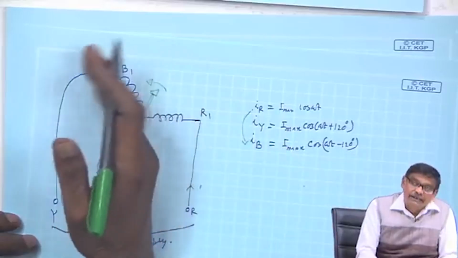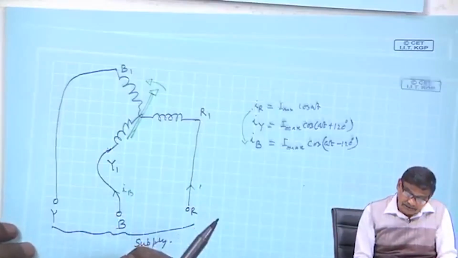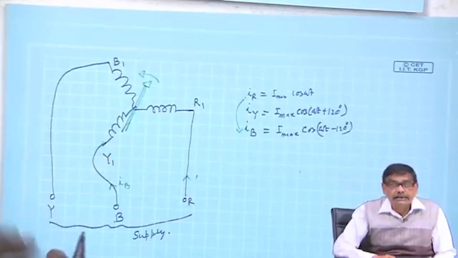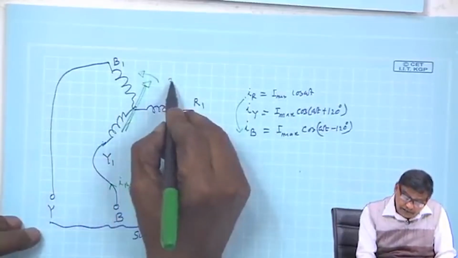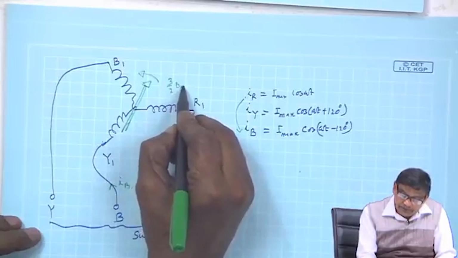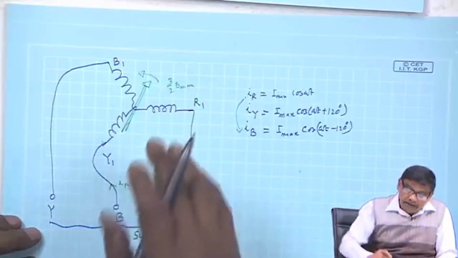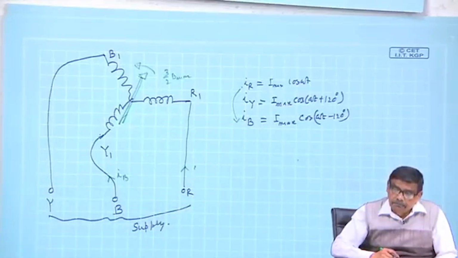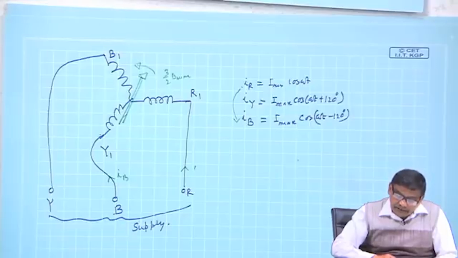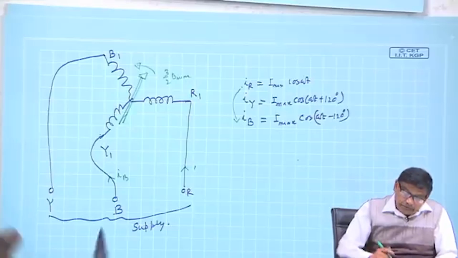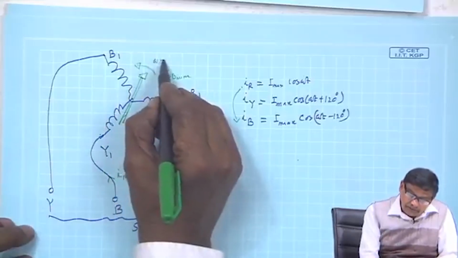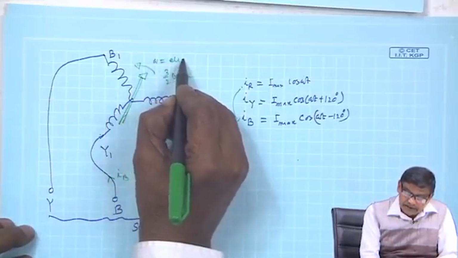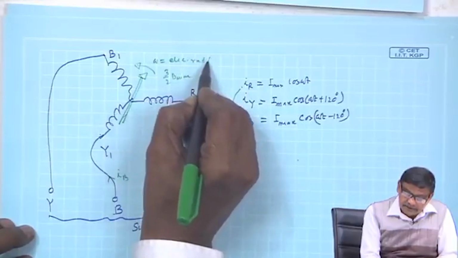So, it will move like this in the anticlockwise direction. Therefore, a rotating magnetic field of constant magnitude will be produced by balanced 3 phase coils which carry balanced 3 phase currents, and the amplitude of the field is constant and the speed is also constant, omega, that is the electrical speed, electrical radian per second.